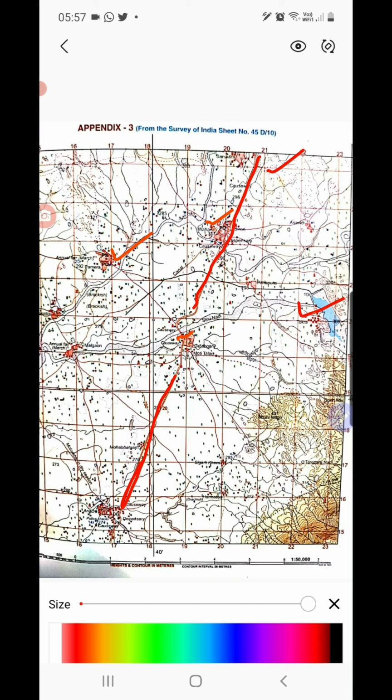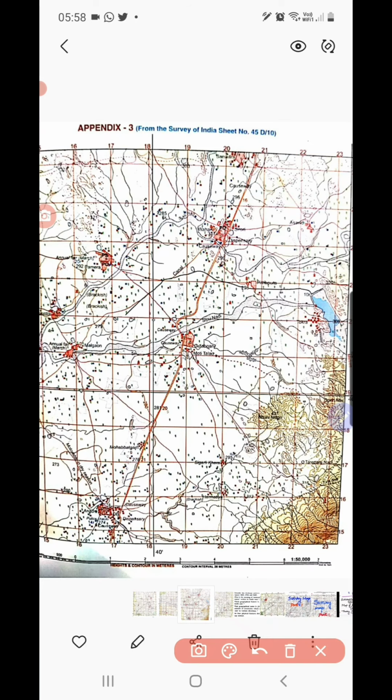Then if you observe clearly, you can find post office in some places, PTO, postal and telegraph offices. Now in the new map you will find only the symbol of post office, and all the changes you have to go through. So these are all the man-made features.